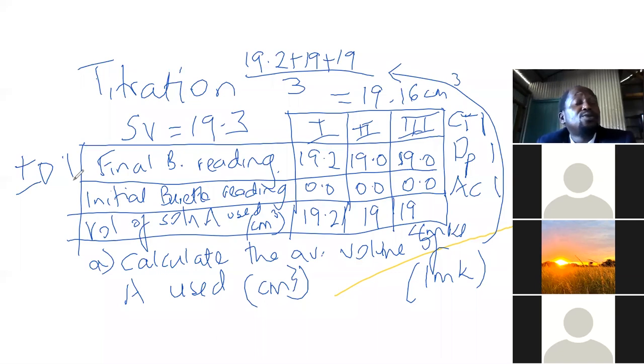Now, if there is no value that is within plus or minus 0.1 of the teacher's value, we go ahead to look for plus or minus 0.2. And if it is there, we now award half a mark. But if a candidate had scored the 1 mark for plus or minus 0.1, then that is the maximum. We don't award a second time. If there is none that is within that range, then you score accuracy 0.